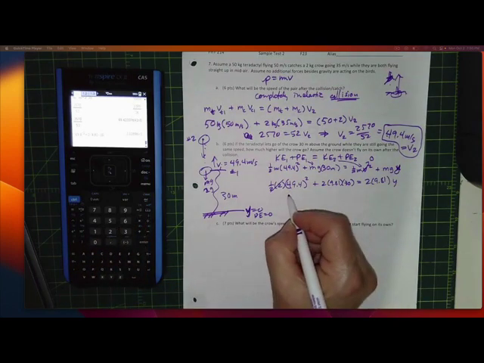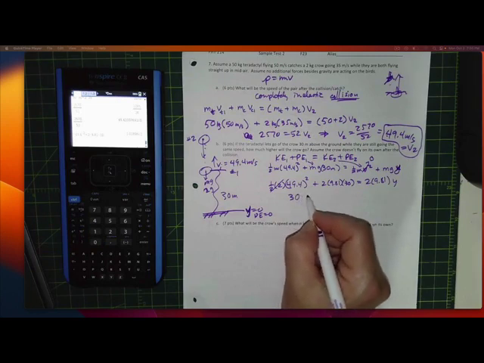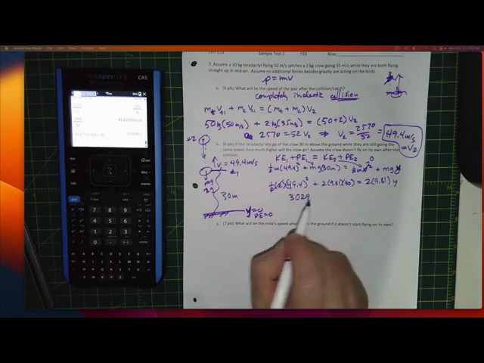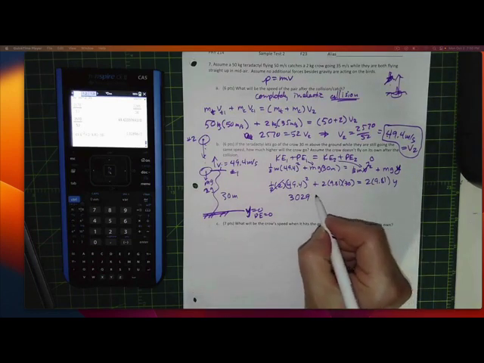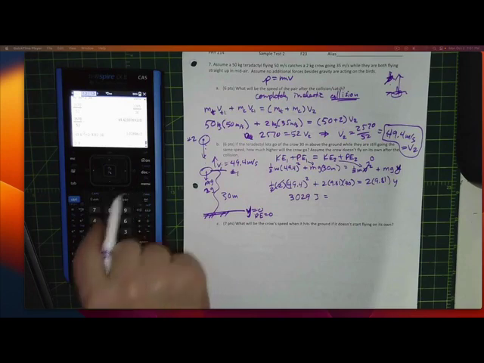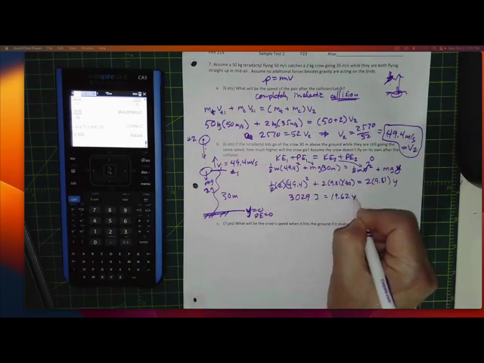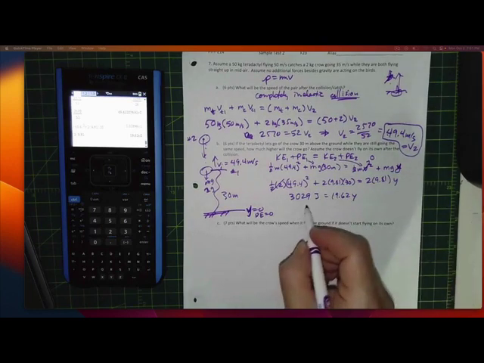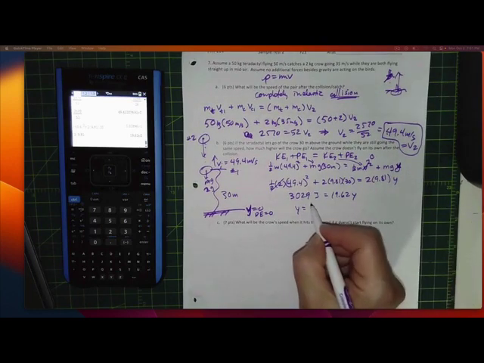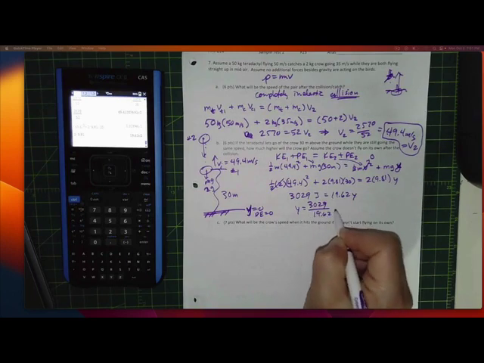So we've got the left-hand side 3,029 joules equals 2 times 9.81, 1962 y joules. So y equals 3029 divided by 1962.